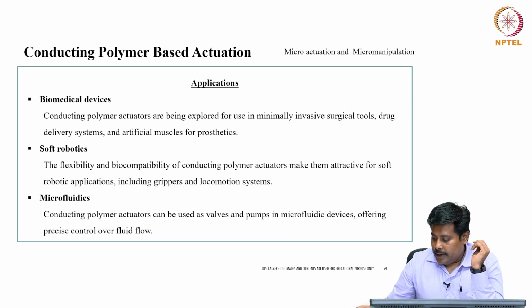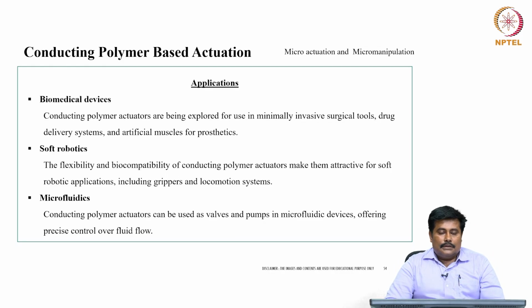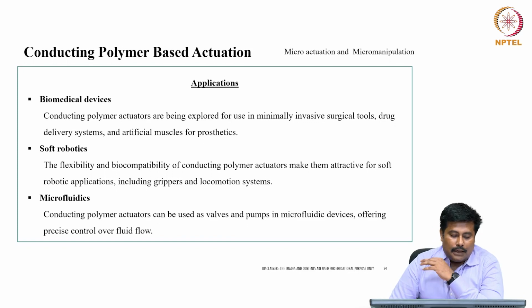Now, when we talk about the application of these conducting polymer based systems, they are efficiently used for biomedical applications, especially conducting polymer actuators being explored for use in minimally invasive surgical tools, drug delivery and artificial muscle for prosthetics. As far as soft robotics is concerned, it has a potential application.